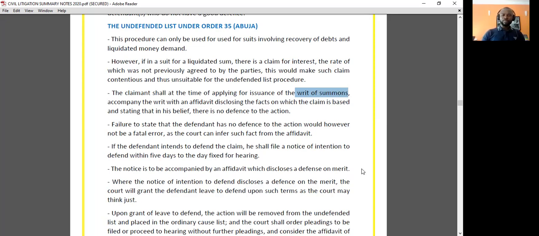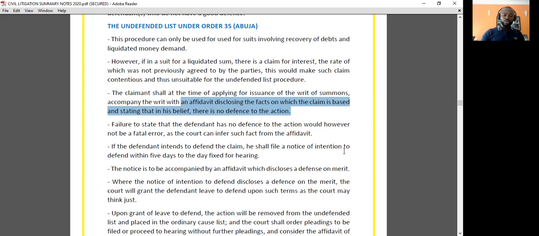And you find that with the undefended list procedure, all the claimant has to file along with his writ of summons is an affidavit in which he would disclose the facts on which his claim is based and also assert that he believes that the defendant does not have a good defense to his claim.